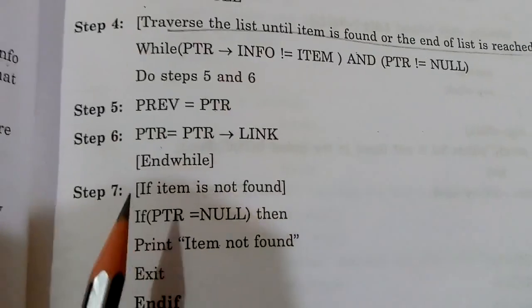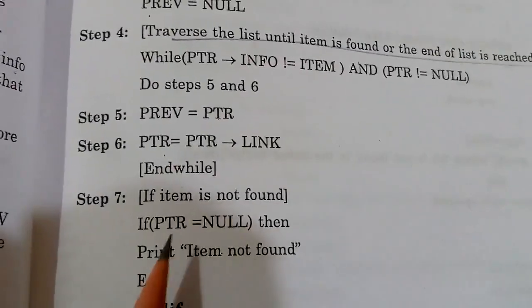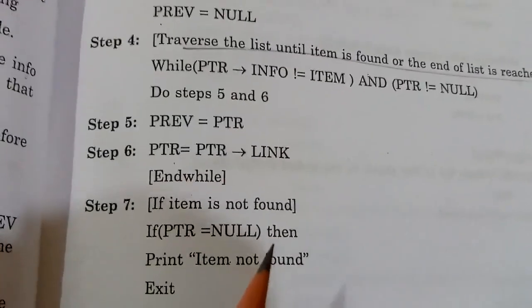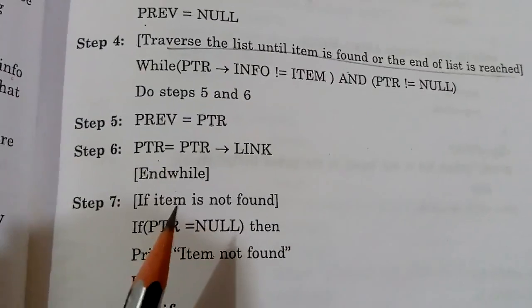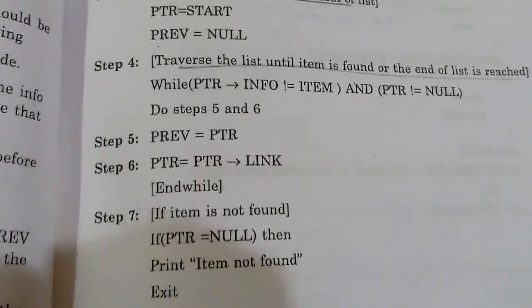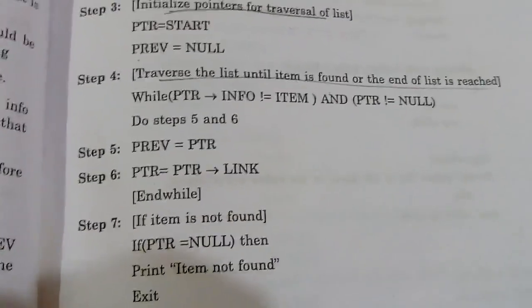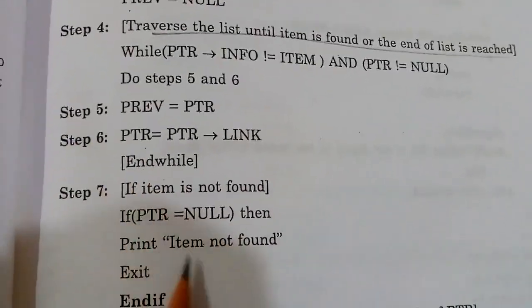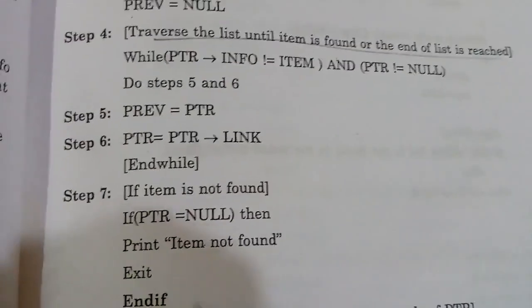Next step, when the item is not found, which means that ptr is equal to null, the end of the list is reached. So it prints item not found, exit.